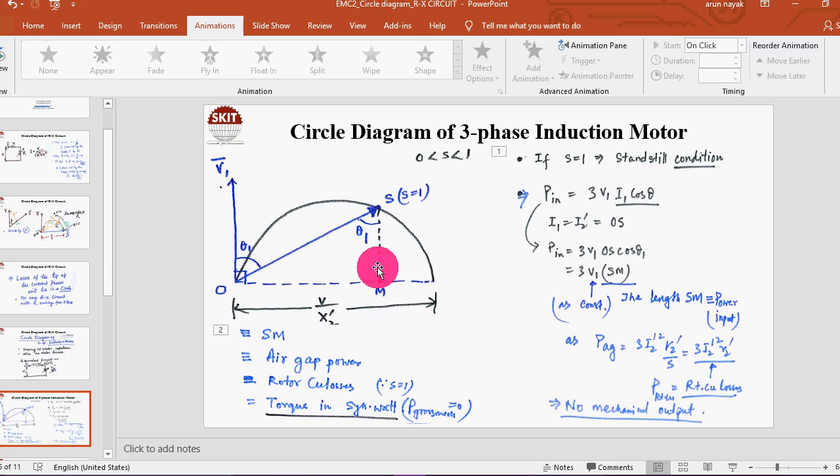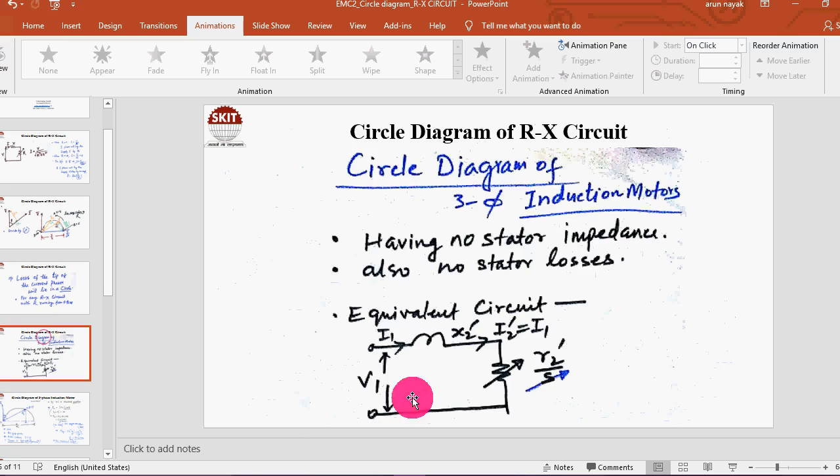So in the case of three-phase induction motors, as you see in the equivalent circuit diagram, the variable resistance consists of R2 dash upon S, where S is the slip value, and it is varying.